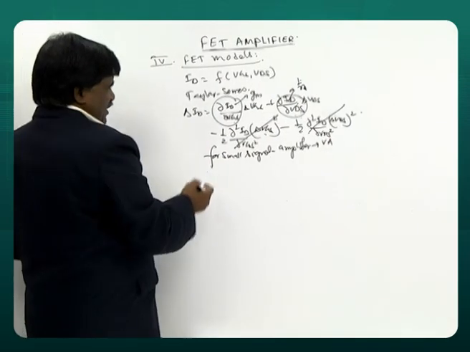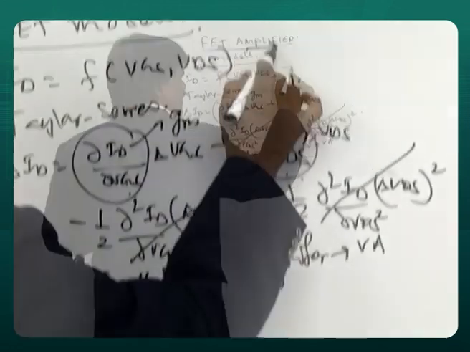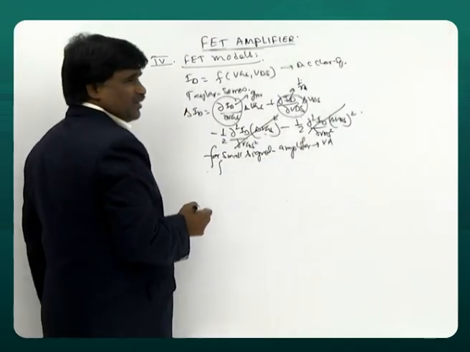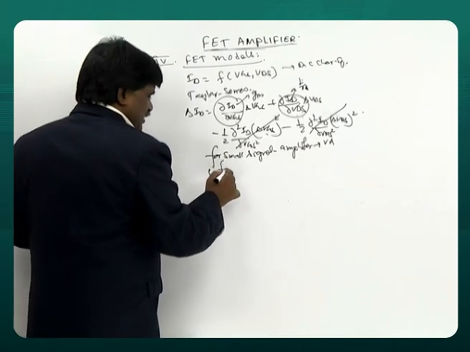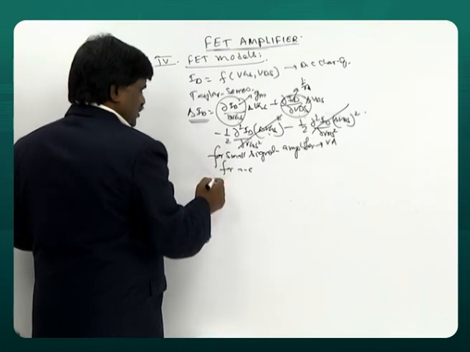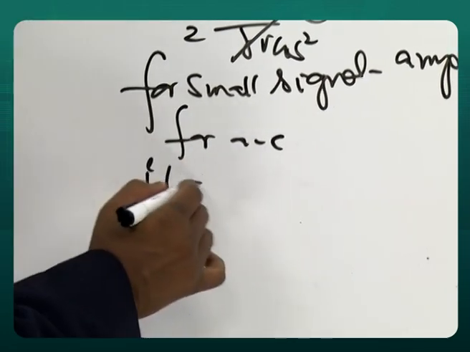So please understand, this is the DC characteristic equation. And if you now talk about AC, change in DC is called AC.